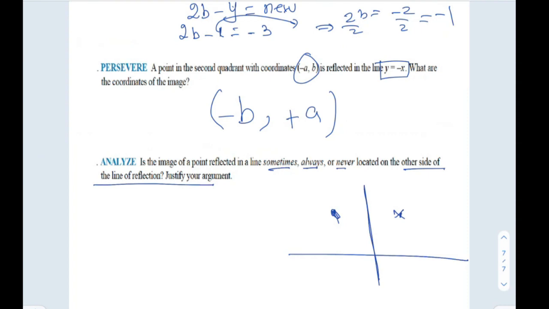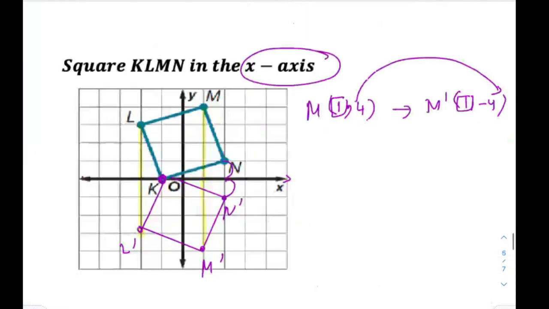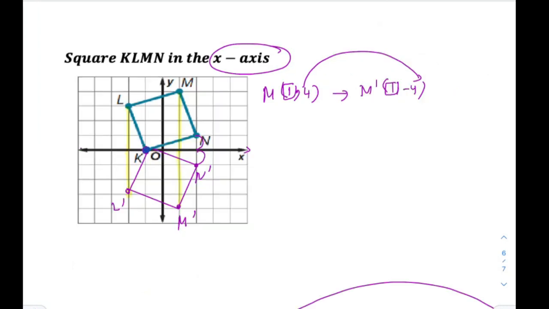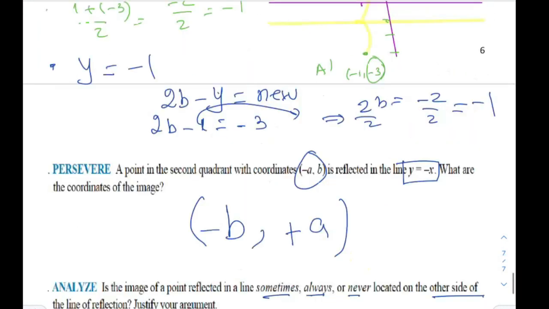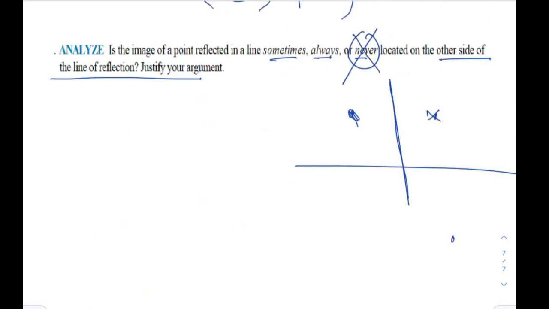Remember when we reflected across the x-axis, this point was on the line, the x-axis itself. So the image was on itself, and this is the special case. That's why we cannot say never, because it is always true, except when the point is on the line.